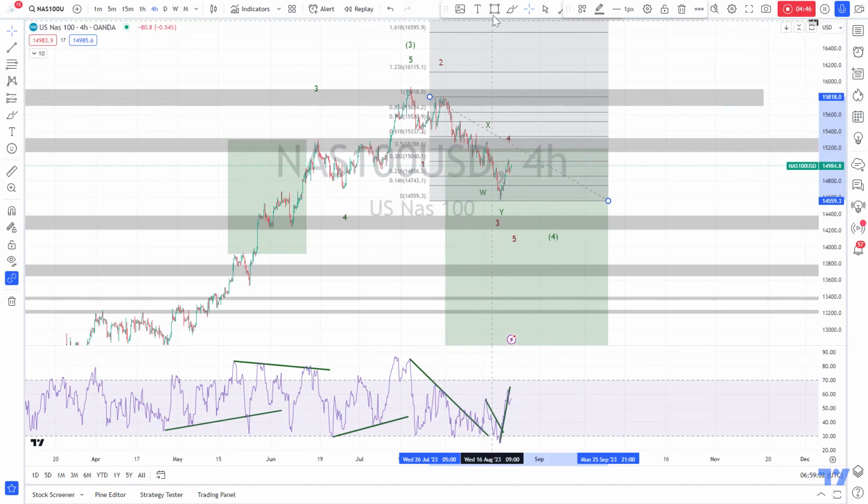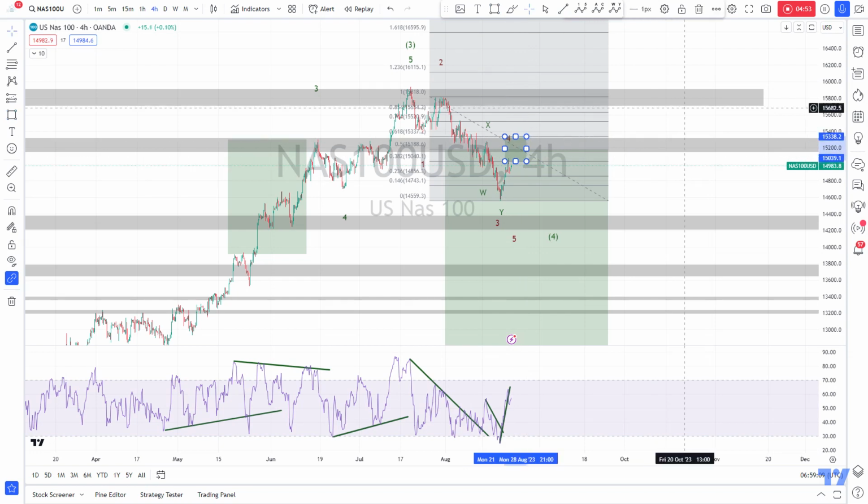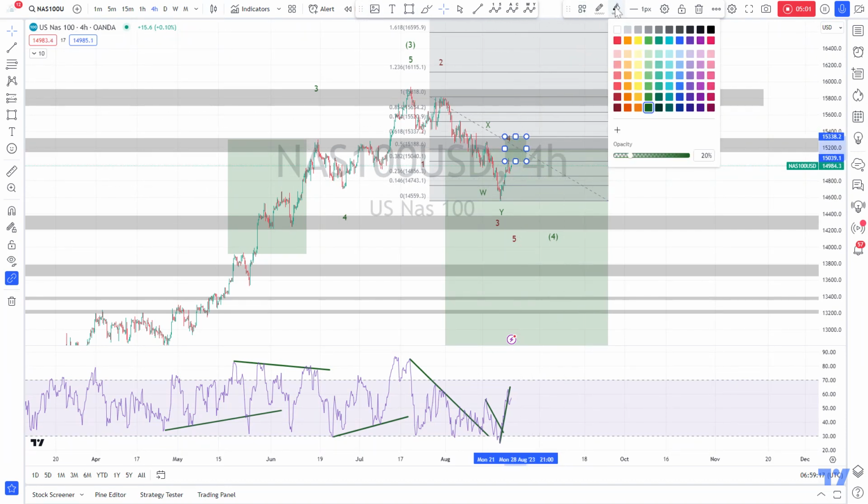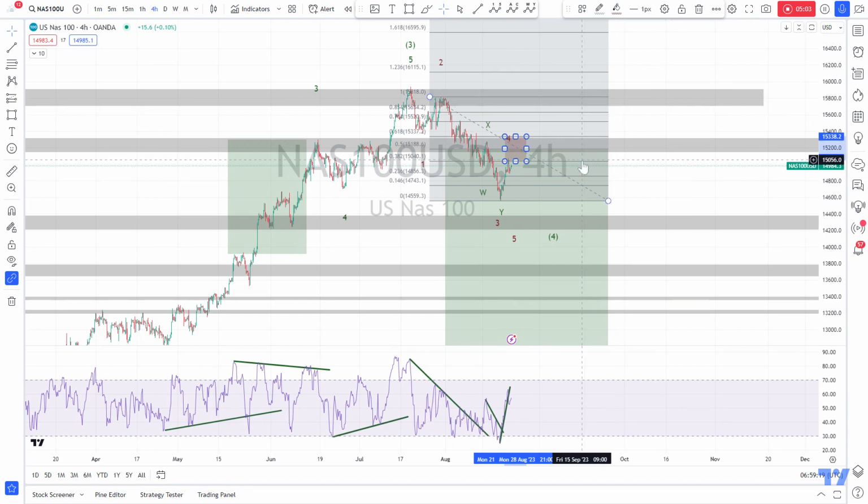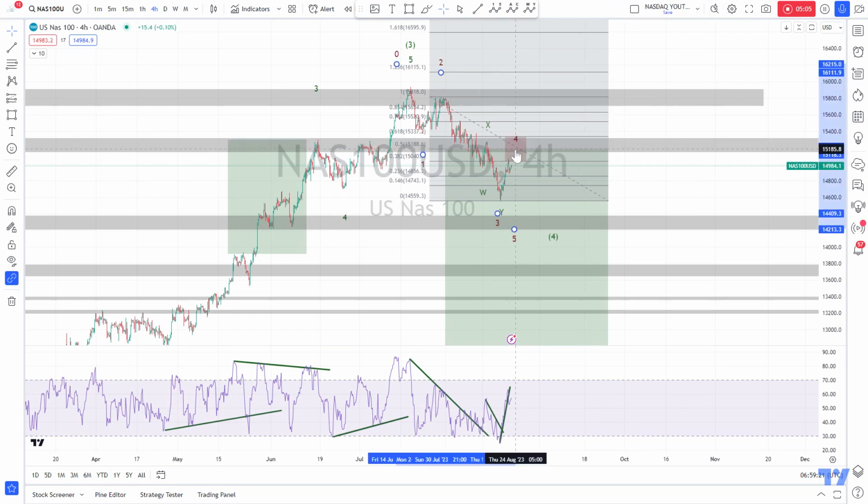The wave 4 is supposed to go here into this area between the 0.146 and the 0.618. So let's put this area here on the graph.